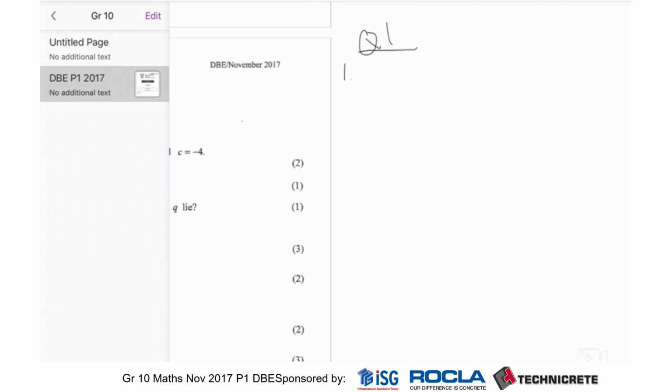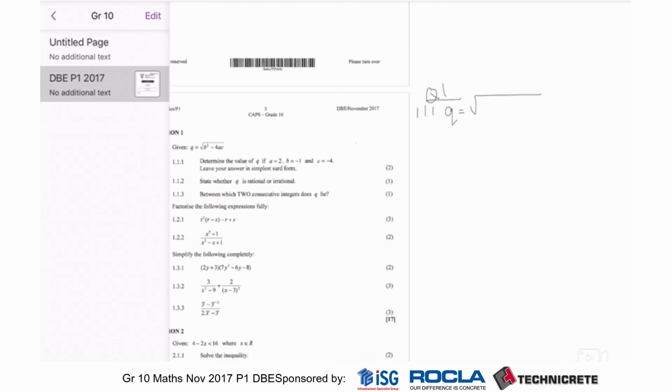So 1.1.1, they said q is equal to the root of b squared minus 4ac, and now we're just going to substitute in, and it says leave your answer in the simplest surd form. So b is -1 squared minus 4 times a, which is 2, and c is -4.